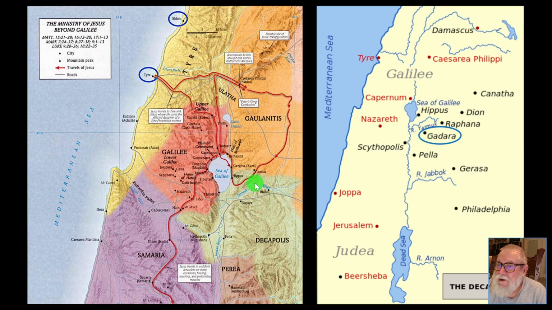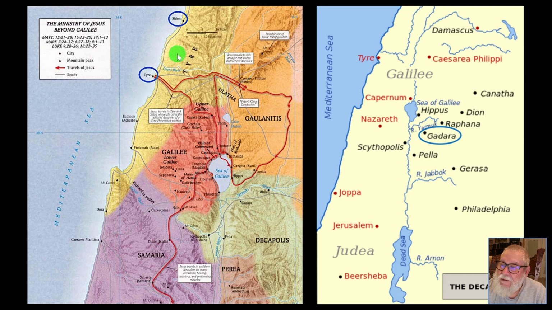So another couple things here: Tyre and Sidon. The current Israel-Jordan border is somewhere around here, just south of Tyre. As I said, they were Phoenician seaports, very powerful cities in the time of the Phoenicians.